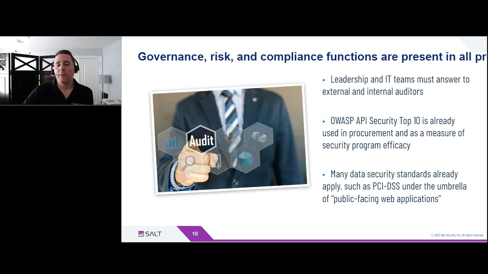But we know that most organizations architect their applications by designing and building APIs, or integrating those APIs. So they are the web application, and then you have your front end that might talk to that API. So it's in scope. It might depend on the quality of the auditor to assess that information and actually ask for API specifics. But like I said, we're actually seeing this already with Salt customers, so expect it to trend upward from here.